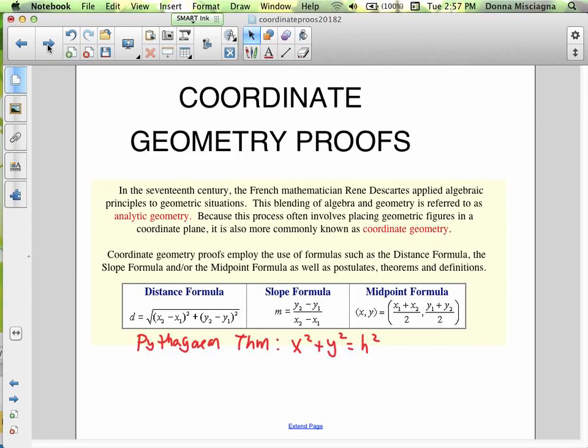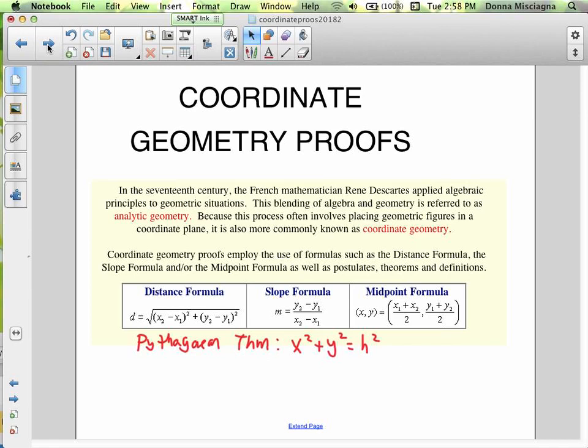So all of our proofs are going to involve some formulas here. And we'll use the distance formula. As a reminder, the distance formula is the square root of the difference in the x coordinate squared plus the difference in the y coordinate squared. The slope formula, which is the change in the y values over the change in the x values, the change in the run.